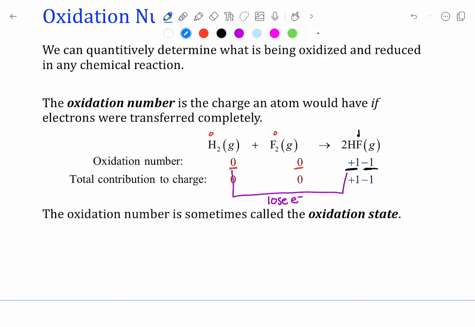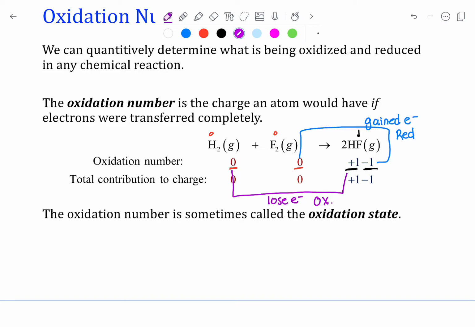For fluorine, I went from 0 to -1. If I went to a more negative charge, I gained electrons. This is exactly what we did in our previous examples, so we already got a head start on oxidation numbers. If we gained electrons, that means this is reduction. And if we lost electrons, this is oxidation.